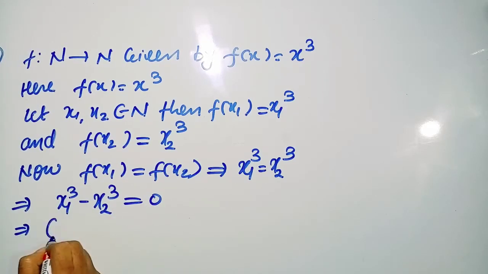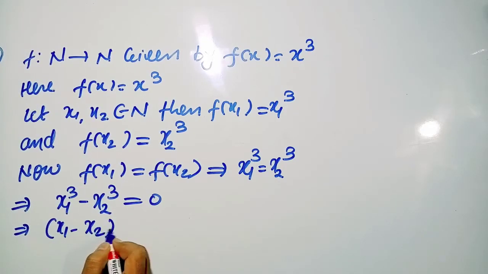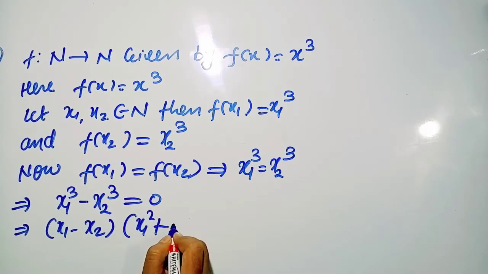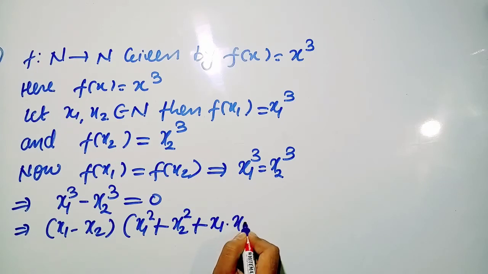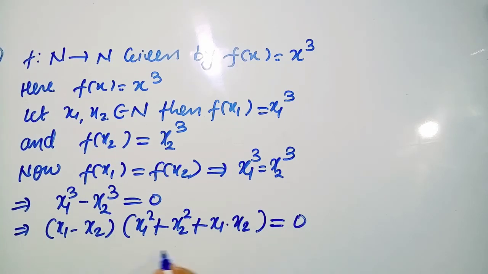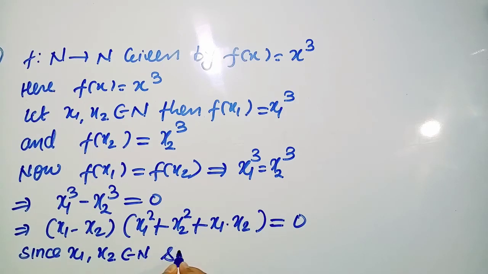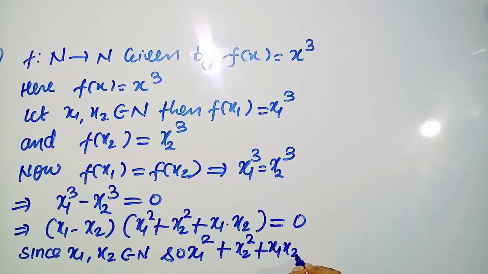So we know the identity a³ - b³, applying the formula a³ - b³ gives (x1 - x2)(x1² + x2² + x1x2). So students, you can see that all the terms here are positive, since x1 and x2 belong to the natural numbers, so x1² + x2² + x1x2 = 0 is not possible, so we will consider x1 - x2 = 0.